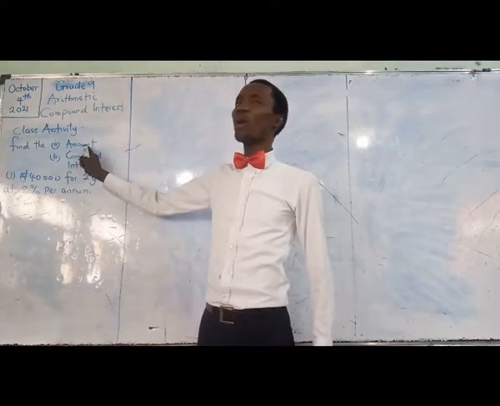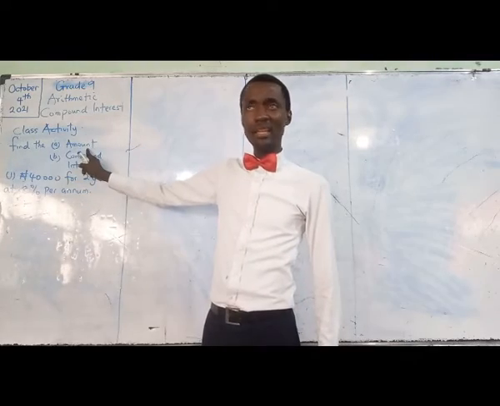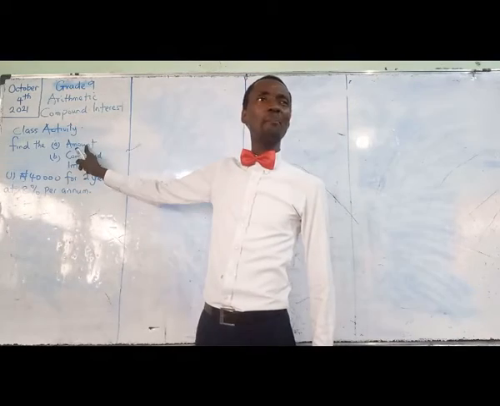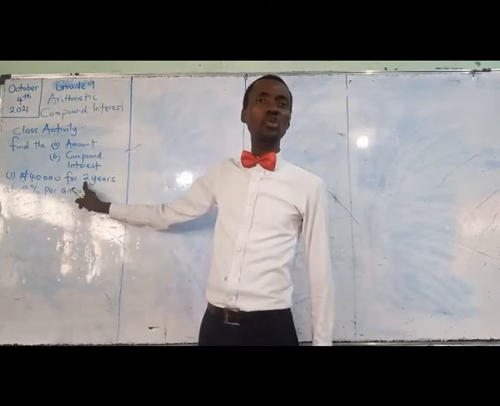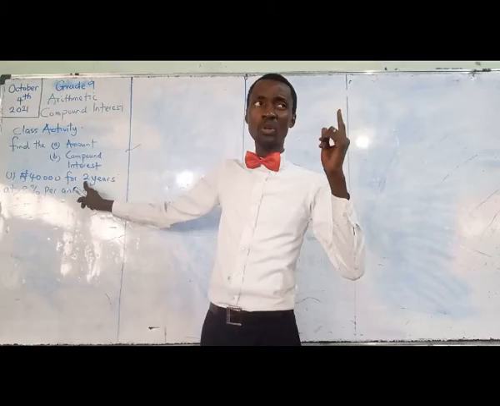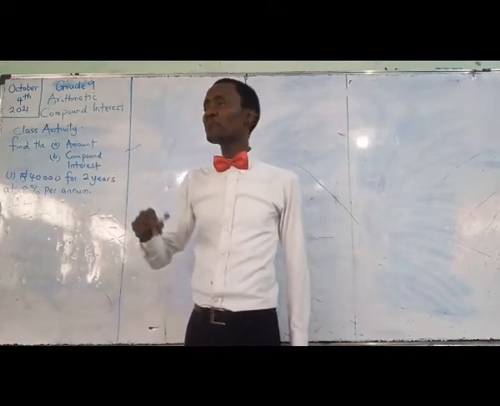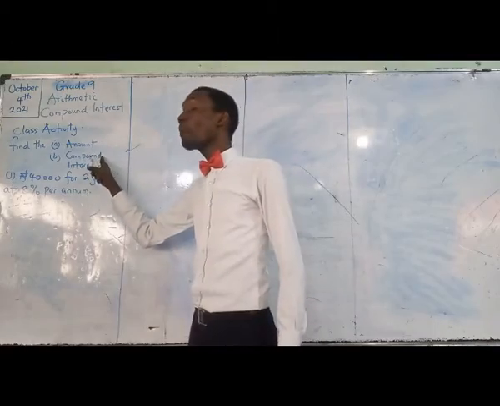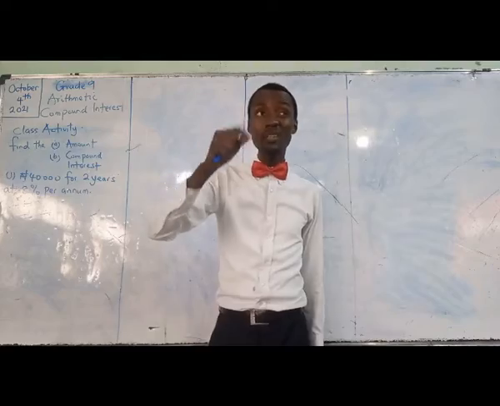When they mention amount here, they're talking about the amount at the end of the period of what? 2 years. I want you to keep that in mind. So the amount here would be the compound interest plus the principal.